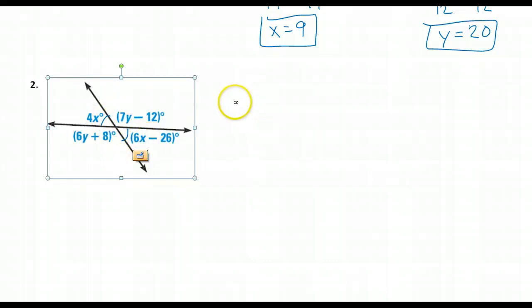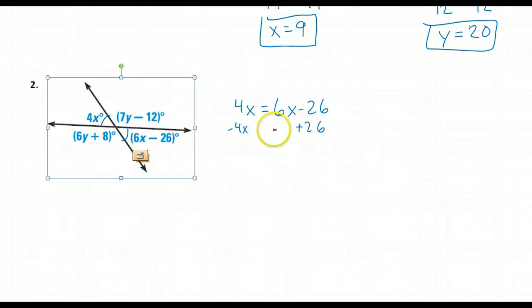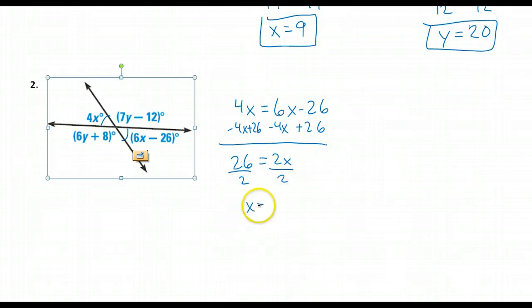So the equation that I want to set up is 4x equals 6x minus 26. At this point, I want to solve for x. I end up with 26 equals 2x, divided by 2. X is going to be 13.